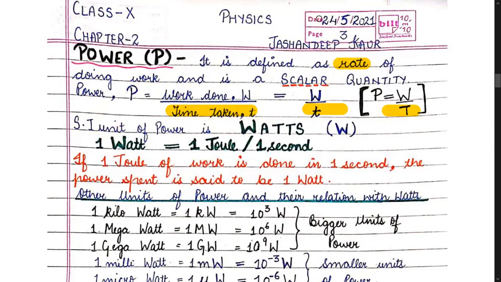So children, if we write down the units, work is measured in joules and time is measured in seconds. And SI unit of power is watts. You must have heard this unit when talking about electric bulbs, that is 50-watt bulb, 100-watt bulb.